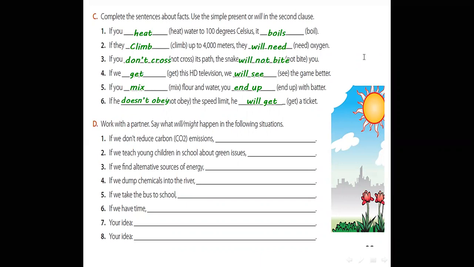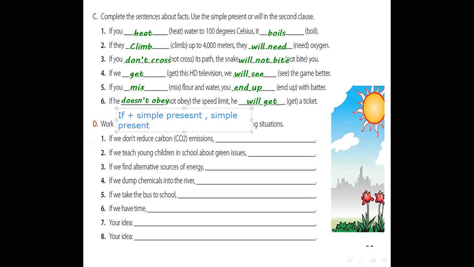We can use if plus simple present, and simple present for both clauses, for present facts.